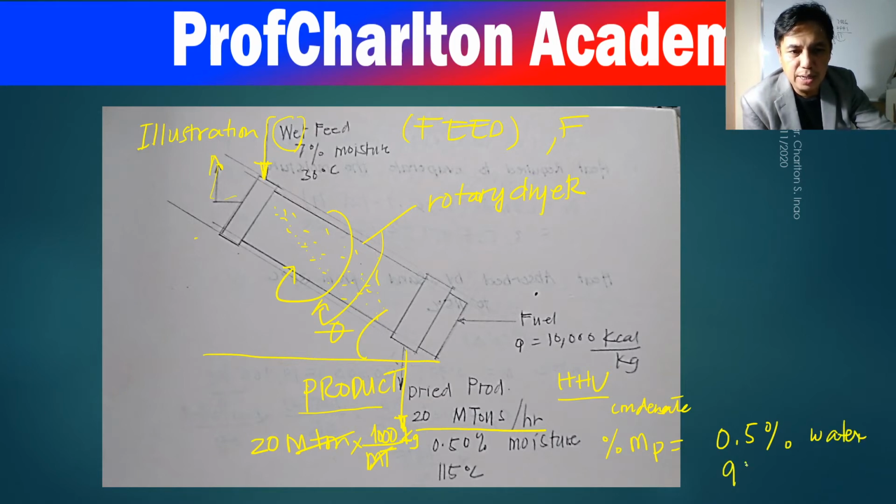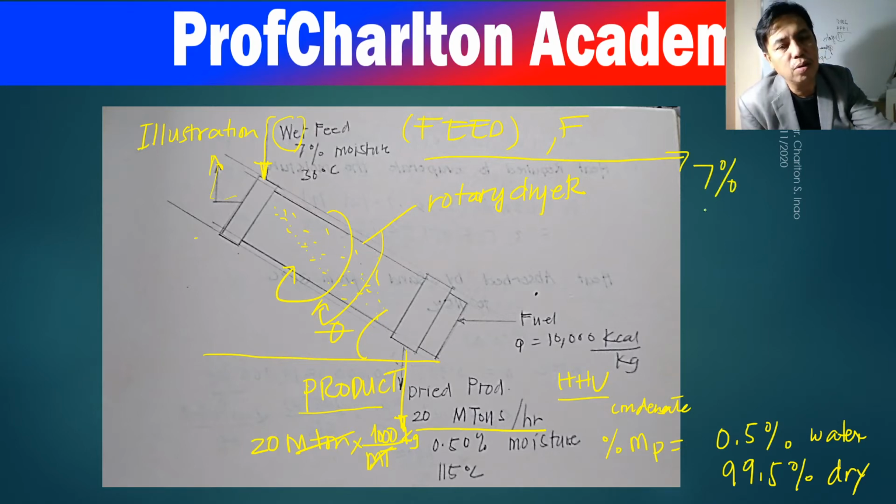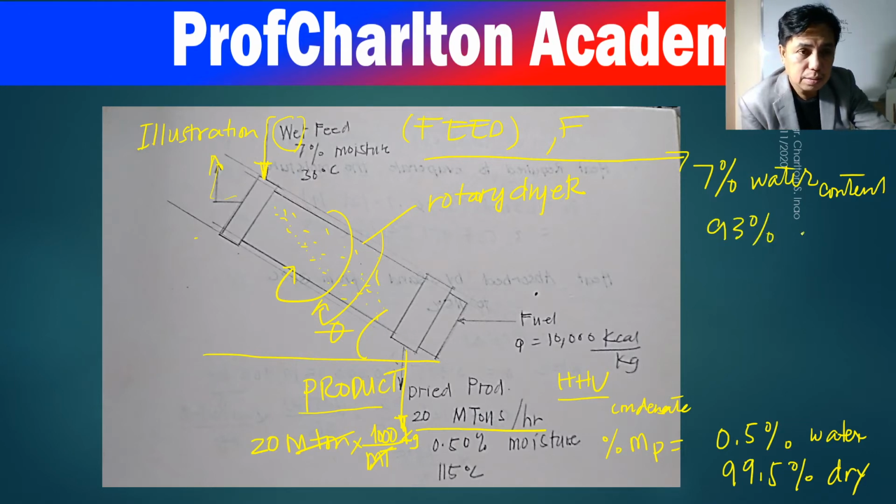So what is remaining, or the dryness, is 99.5% dry. At the feed side, there is 7% water content, because it has more moisture content. So there is 93% dryness here.